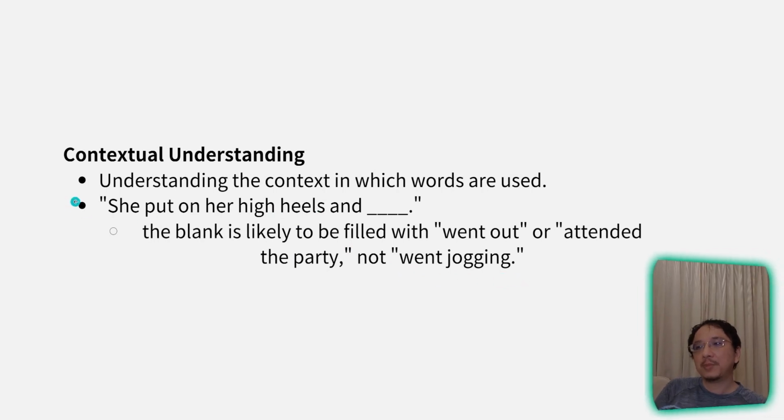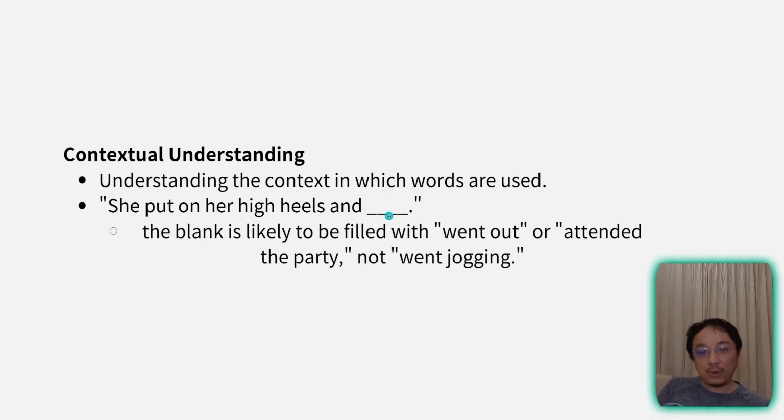Which means if the model wants to fill in the blank correctly, it has to be able to understand the context, because the model is trained by minimizing the loss. If the model can guess this word correctly, it will get a smaller loss.